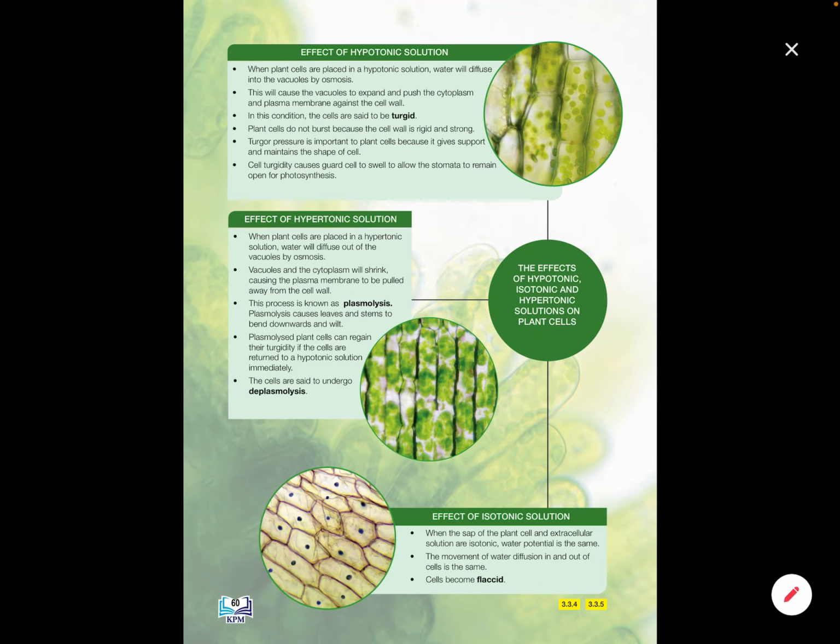Not the whole thing will be detached, because then the cell will die, but part of the cell will detach. So it's something like this. If this is the cell wall, your cell will look like this. Some of it is still attached here, but it is flaccid. Flaccid means it is basically not full. It is almost empty. So this is called plasmolysis.